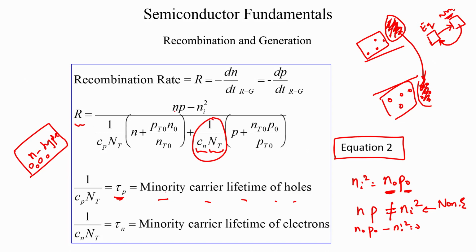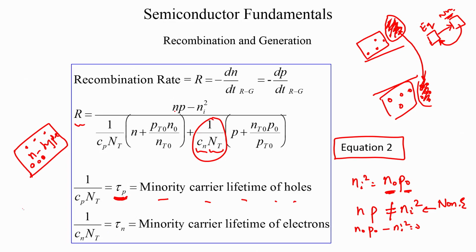Why minority carrier? Because in an n type semiconductor the holes are the minority carriers, and the electrons are in majority, they are the majority carriers. So, when I inject holes into an n type semiconductor, they would last for typically tau p seconds before they recombine. So, that is their lifetime.